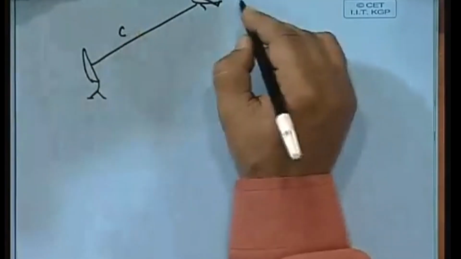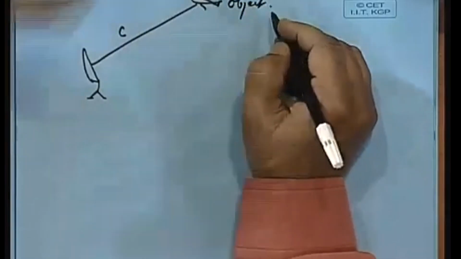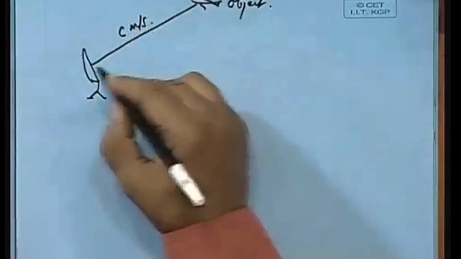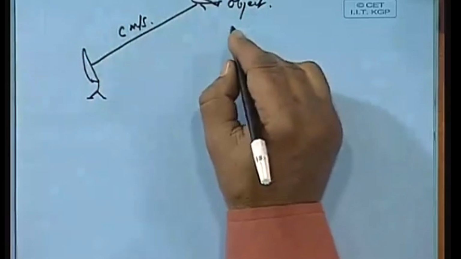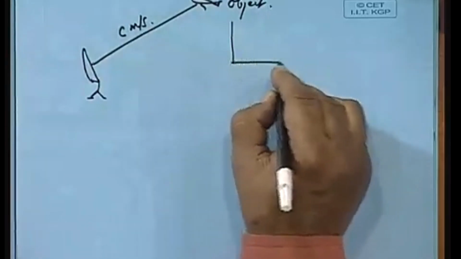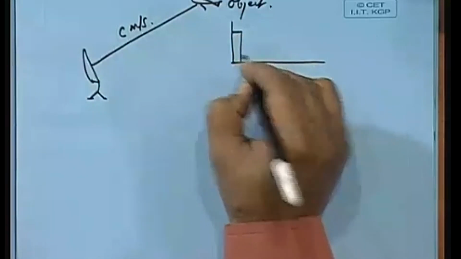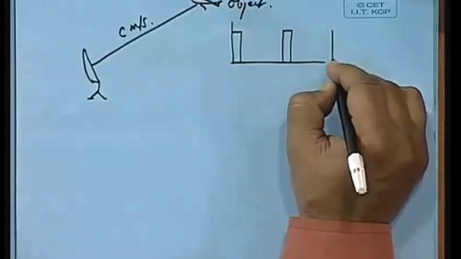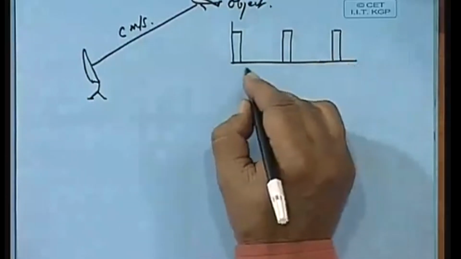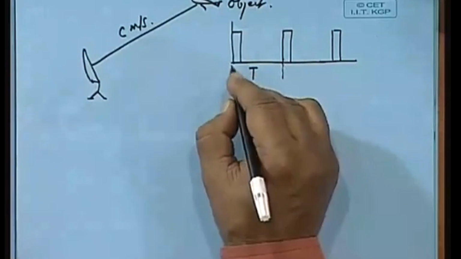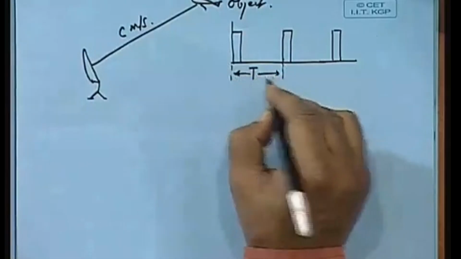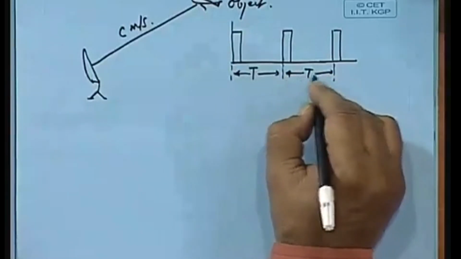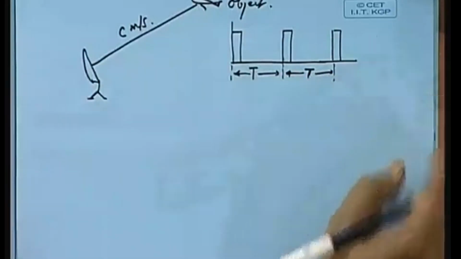So, you are sending a signal, this is object, c meters per second, that is the velocity of light, the signal is sent and you are sending the pulses like this. So, this is T. At regular intervals, all right.